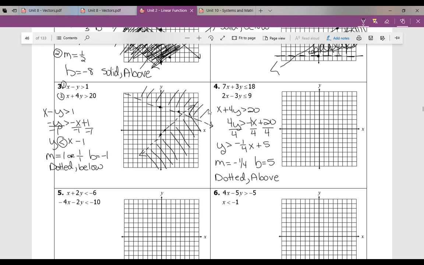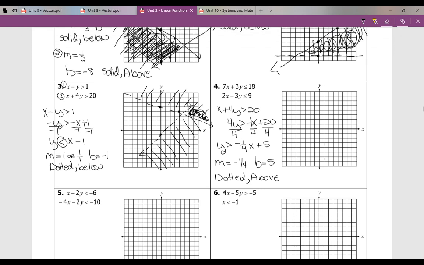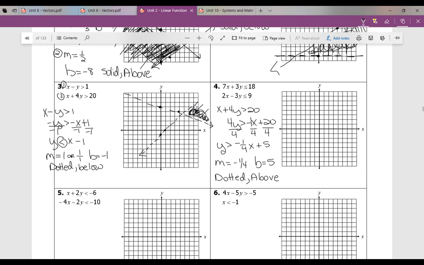So it's not until I get over here where the overlap starts. So all of this can go away, all of that can go away, and it's that one little corner up in the top. Any questions about that? All right.